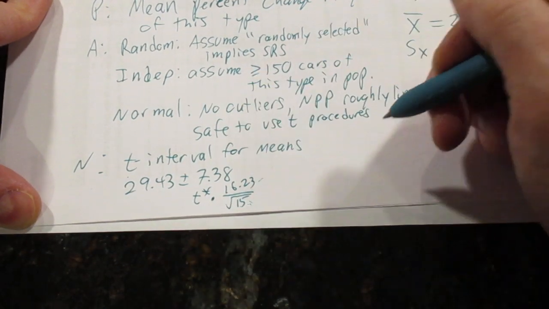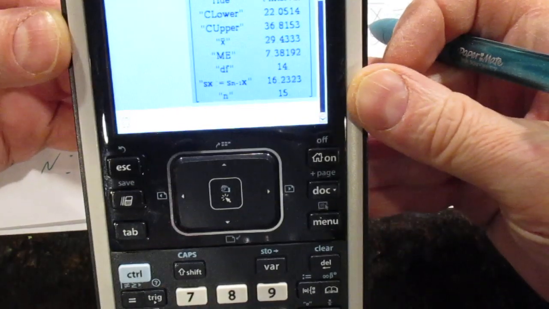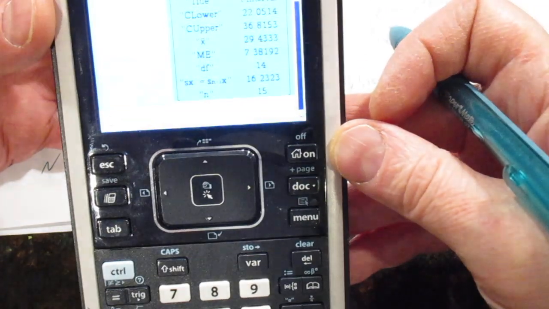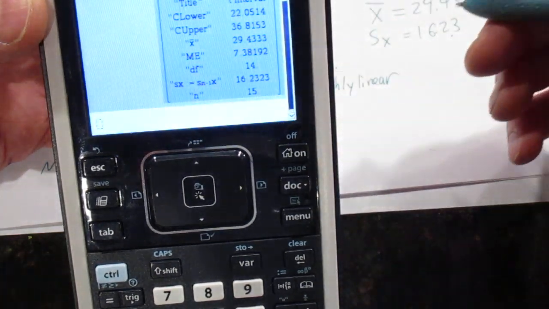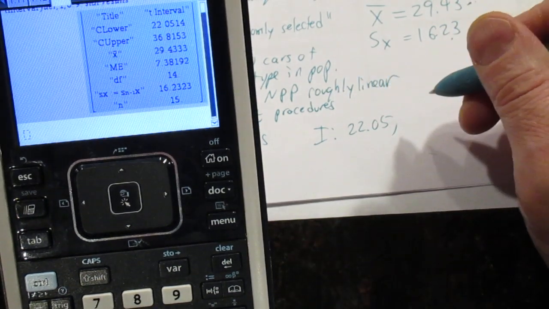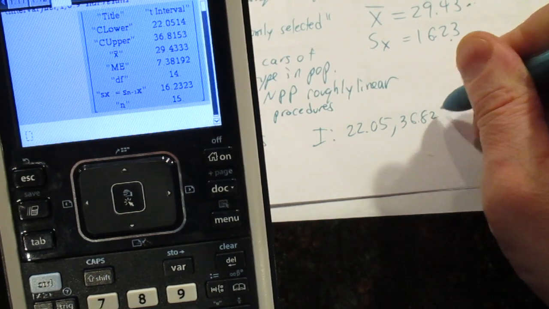Boom, did it. Interval calculated. Let's see, C lower is 22.05. Upper is 36.82 if you round.